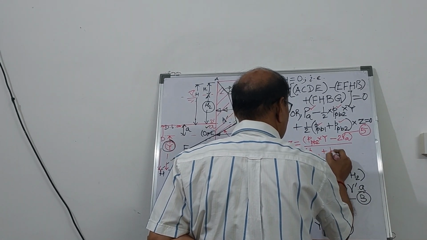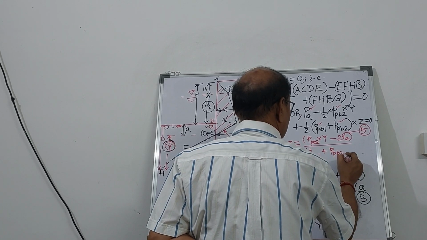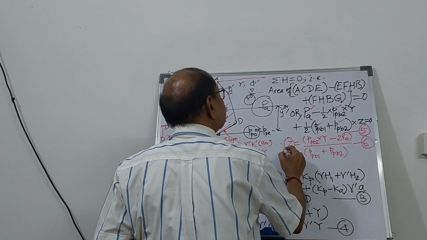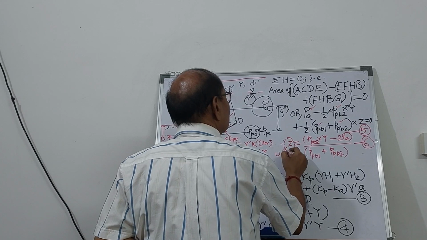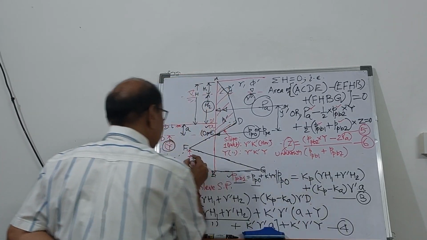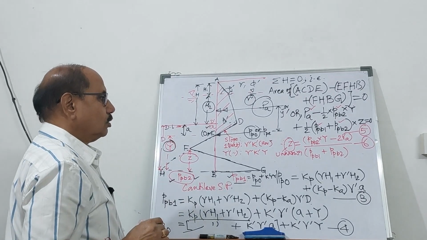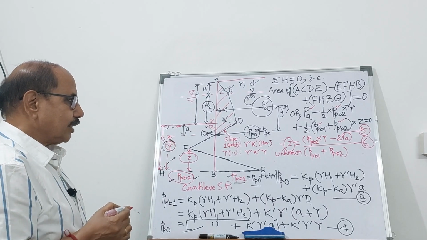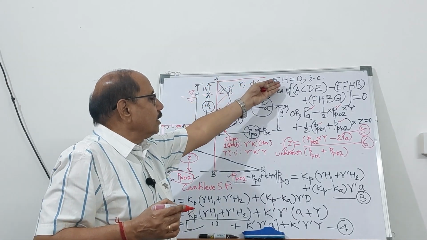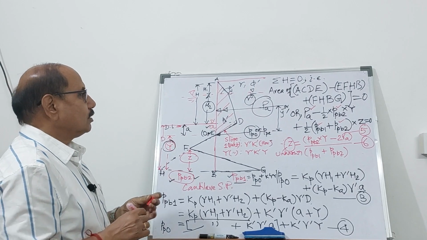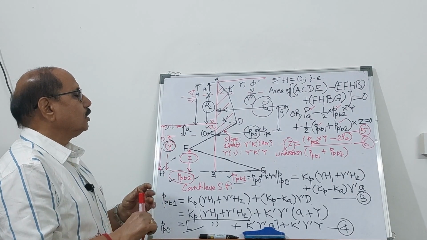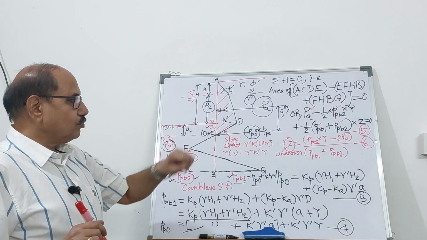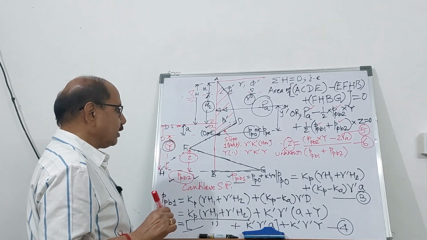So we get this value of Z, which is unknown. We do not know what this Z value is in terms of Y from expression 6. So by applying the equilibrium equation sigma H equal to 0, the Z value in terms of Y you have calculated.